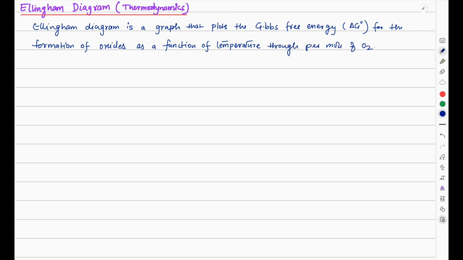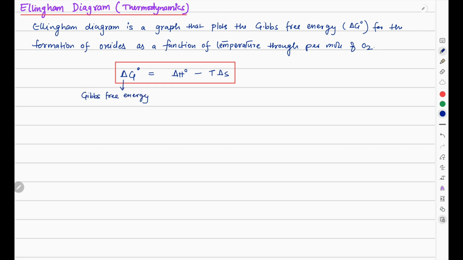And this Ellingham diagram is governed by the formula delta G naught equals delta H naught minus T delta S naught. Delta G naught is Gibbs free energy, delta H naught is change in enthalpy, T is the temperature, and delta S naught is change in entropy.